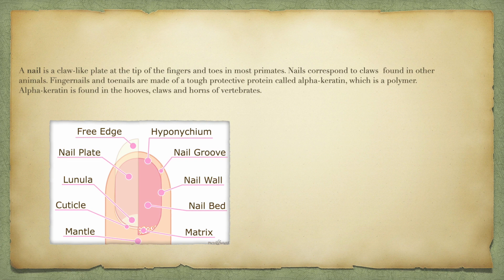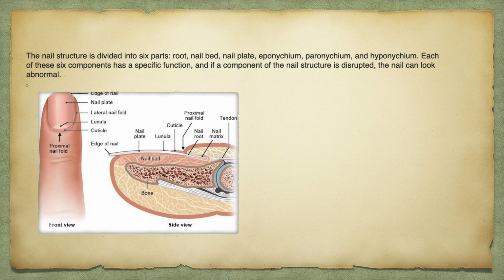The nail structure is divided into 6 parts: root, nail bed, nail plate, eponychium, paronychium, and hyponychium. Each of these 6 components has a specific function, and if a component of the nail structure is disrupted, the nail can look abnormal.